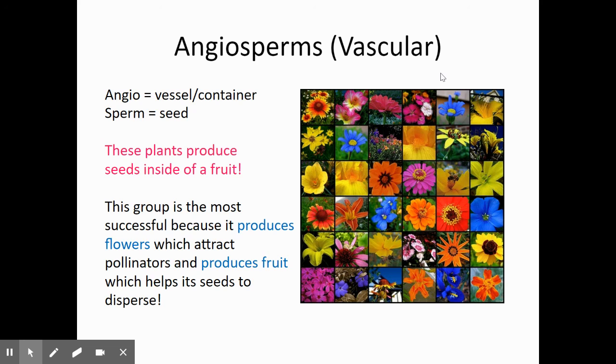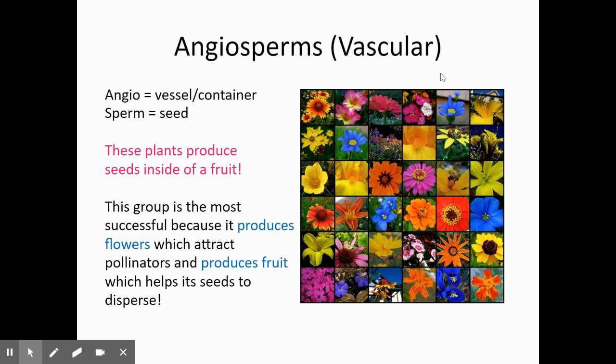In the case of berries, you might have a bird that eats the whole berry, and then when the bird poops, it also poops the seed out, and that helps the dispersal of the seed. So, out of all of our groups, angiosperms are the most successful because of the flowers and the fruit that it produces. This group is the largest group out of all four. And from an evolutionary perspective, this particular group has various adaptations that have allowed it to be so successful.